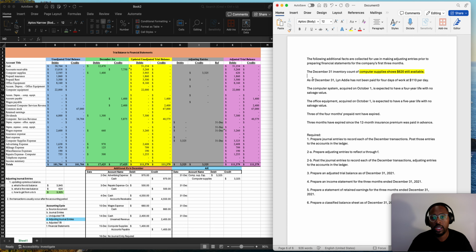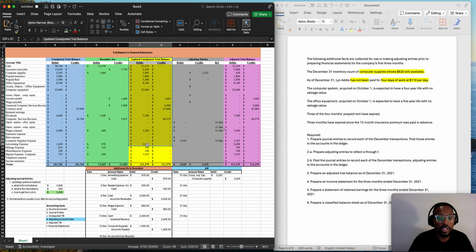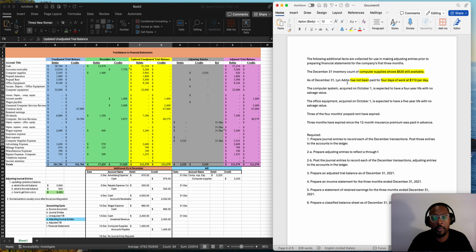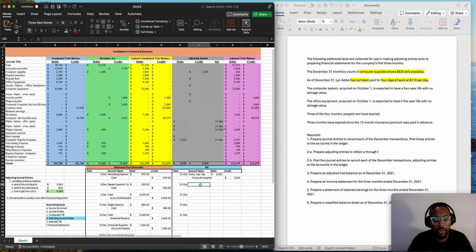All right, cool. So the next one says, as of December 31st, Addie has not been paid for 4 days worth of work. Okay, so has not been paid. So think about it. Now, here's another expense that is occurring after the accounting period. So after we have already come up with these numbers, we have another expense where we have not paid one of our workers, our employees.